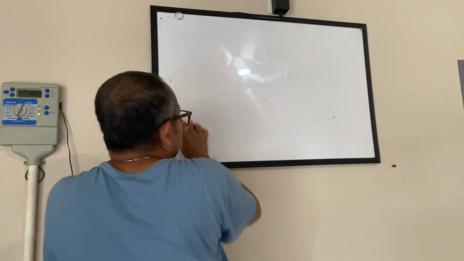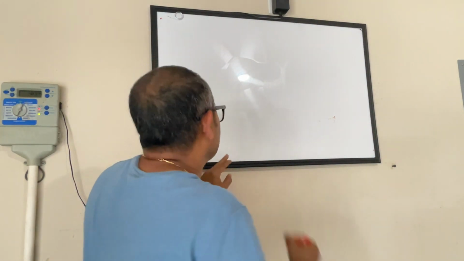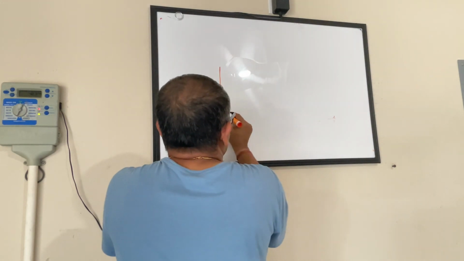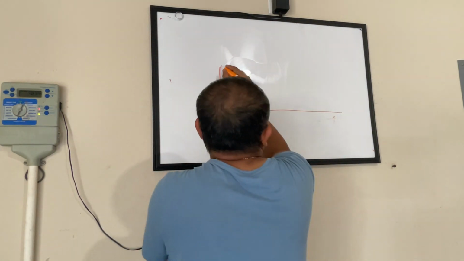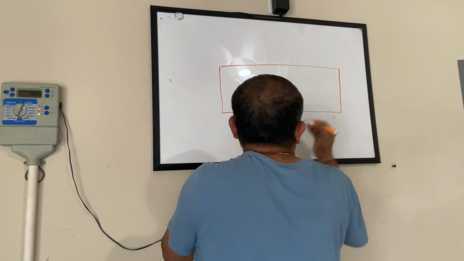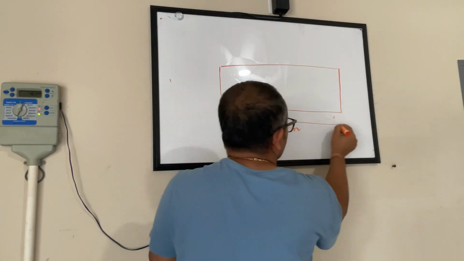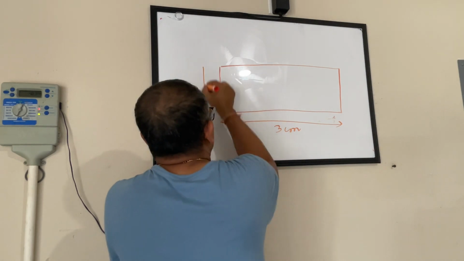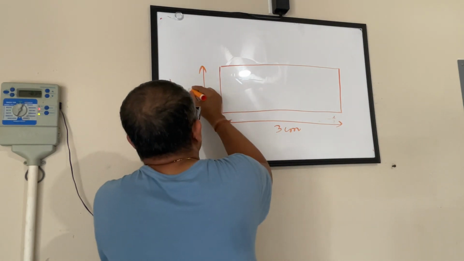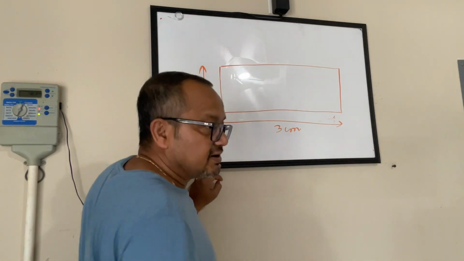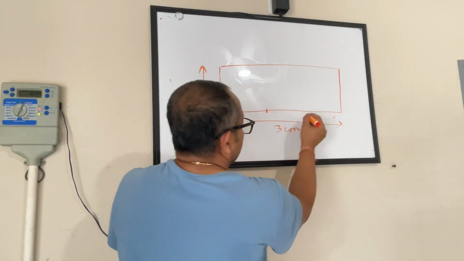Let's say I have a rectangle. Ishan and Shalini, pay attention, okay? I have a rectangle which is 3 centimeter in length and 2 centimeter in width. 1, 2.